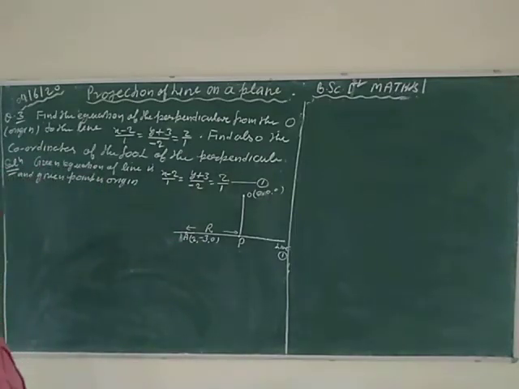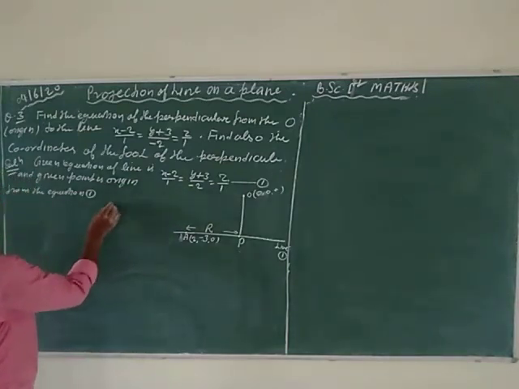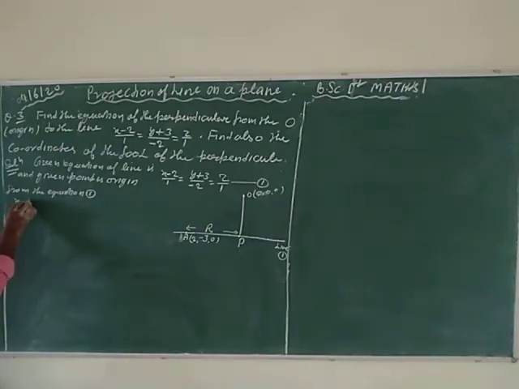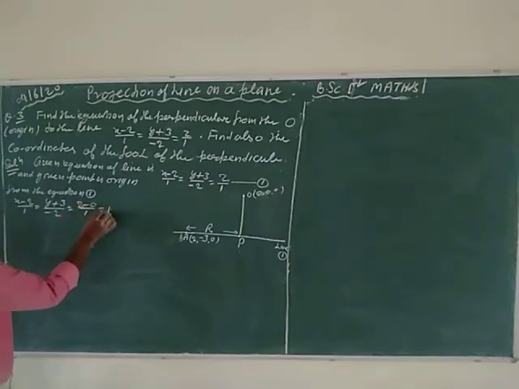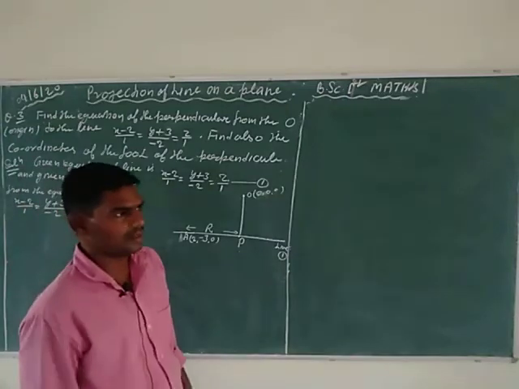For this, write from the equation first: (x minus 2) by 1, (y plus 3) by minus 2 and (z minus 0) by 1 is equal to capital R. You know this form of equation from straight line questions.